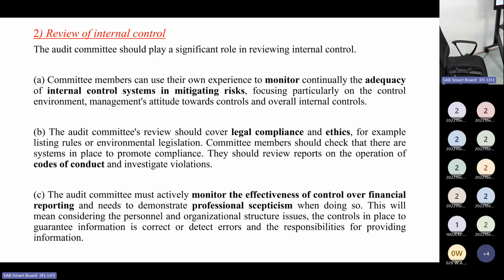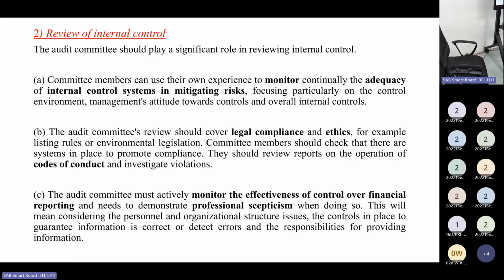Those are called corporate codes of ethics. So they need to look at whether these codes of ethics are in operation, and if there are any violations, they will have to investigate. That is their second point under review of internal controls.